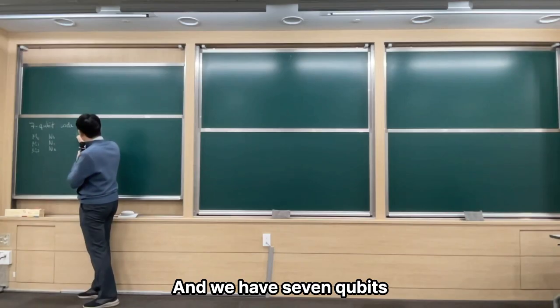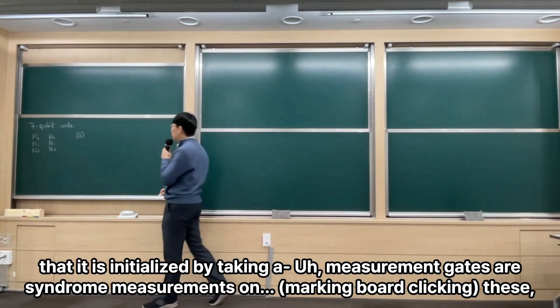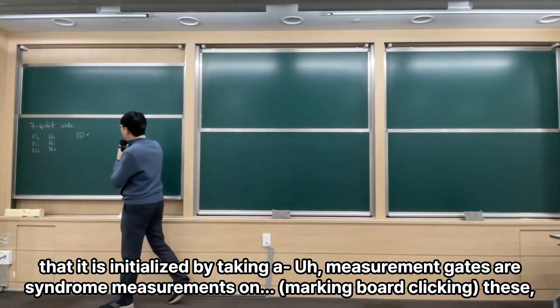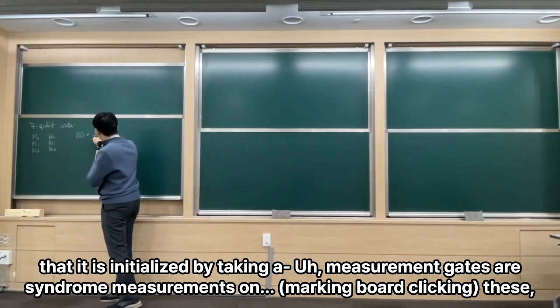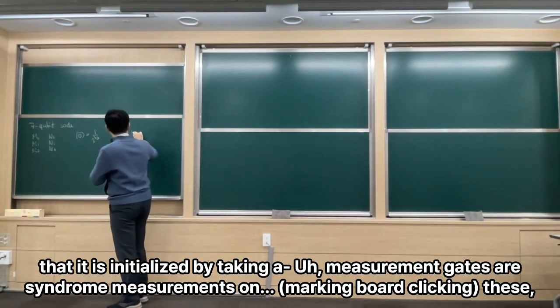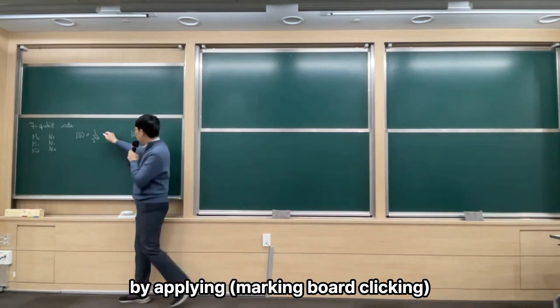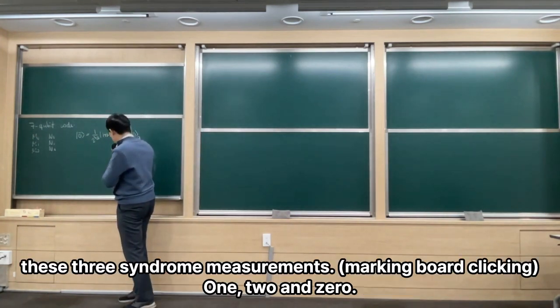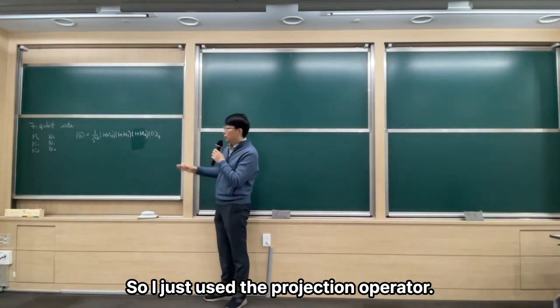We have 7 qubits, initialized at 0 ket by applying these 3 syndrome measurements: 1, 2, and 0. So I just used the projection operator.